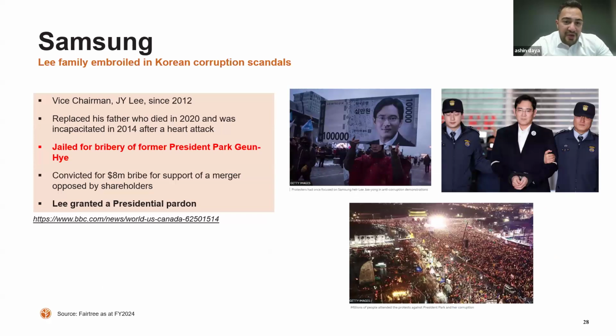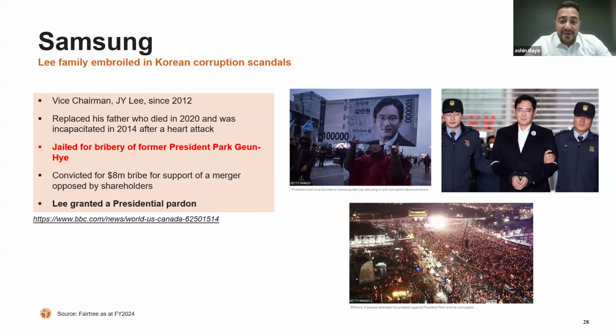And I think when you look at Samsung, it's important to also acknowledge the governance concerns around Samsung. For those of you familiar with the Korean market, there are governance concerns among many of the big conglomerates in South Korea. But Samsung in particular is one of those examples where I just want to flag that, for example, there's the founding family, the Lee family, which own a significant stake in the business.